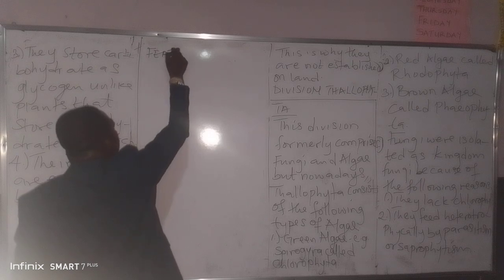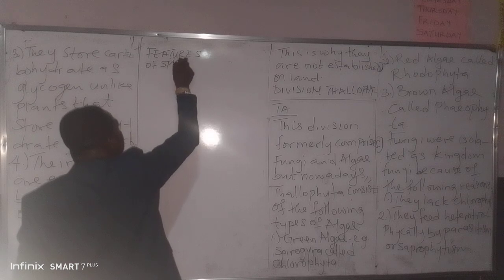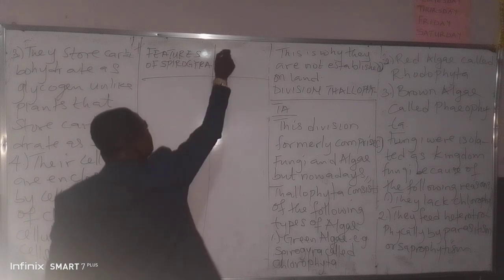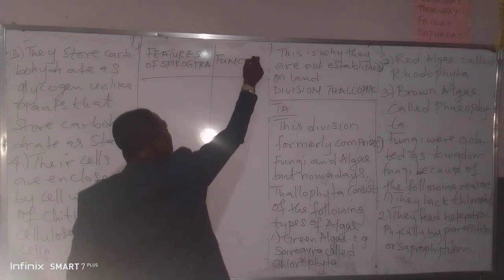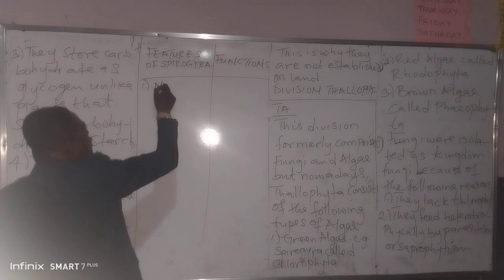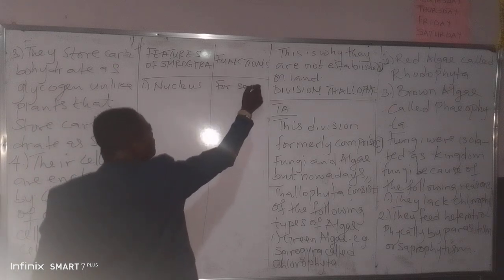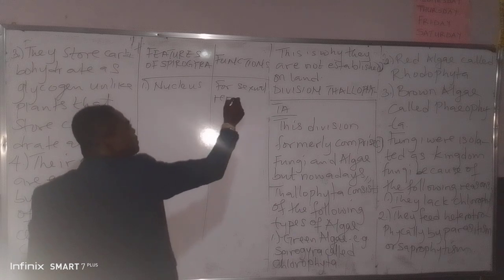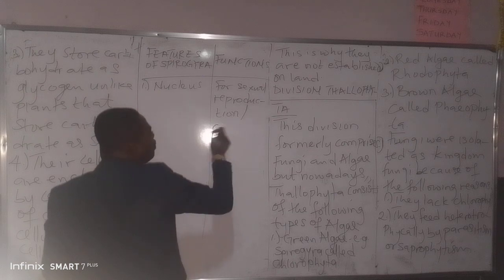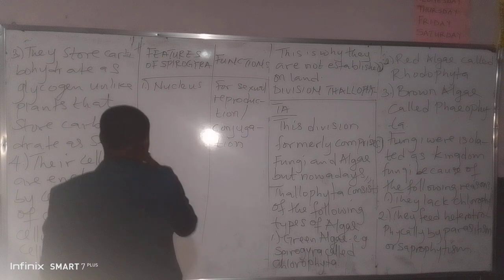Features of Spirogyra and their functions. Functions of each of them. Number 1, it has nucleus for sexual reproduction. That sexual reproduction is also called conjugation. Okay?